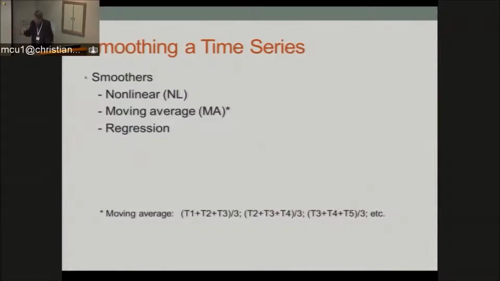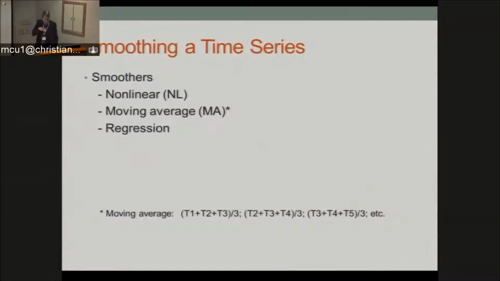And moving average is just that. If you have, say, a 3-period moving average, what that means is you add up the values at time 1, time 2, and time 3, and divide by 3. And that's your first point in the time series. Then your next point is time 2 plus time 3 plus time 4, and you divide by 3.